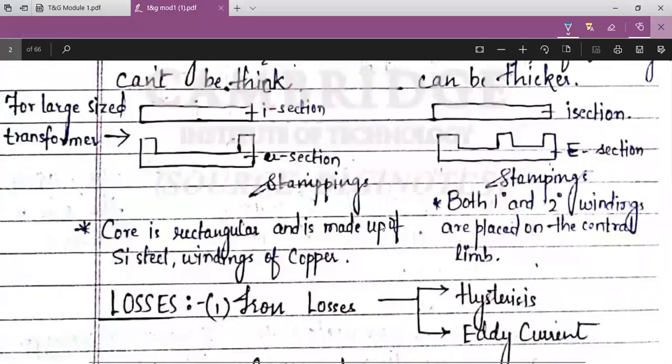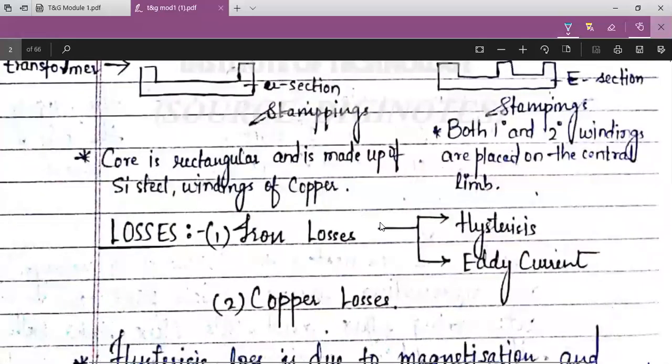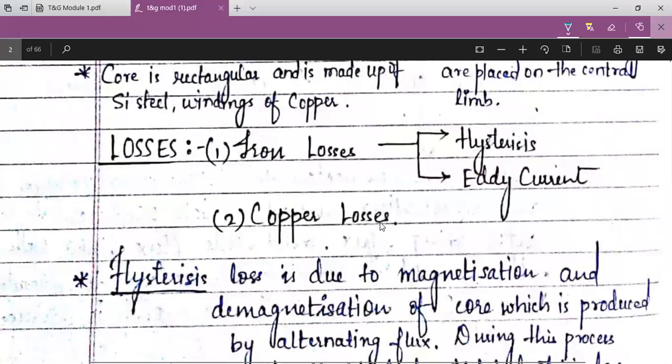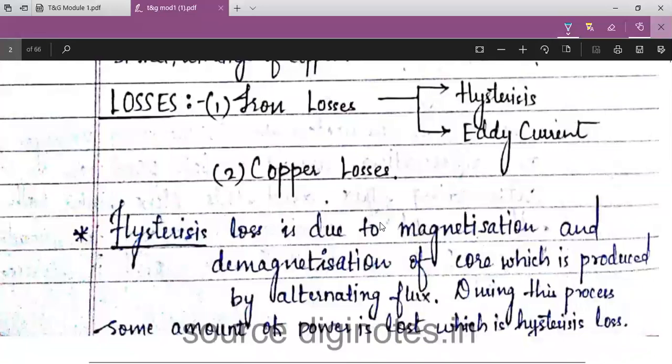So this is about the core, and there will be two types of losses. One is iron loss and the other is copper loss. Iron loss we can also call core loss. Why we call this iron loss: the loss is nothing but heat dissipation. Whenever the supply is given to the transformer, current starts to flow in the core of the transformer.